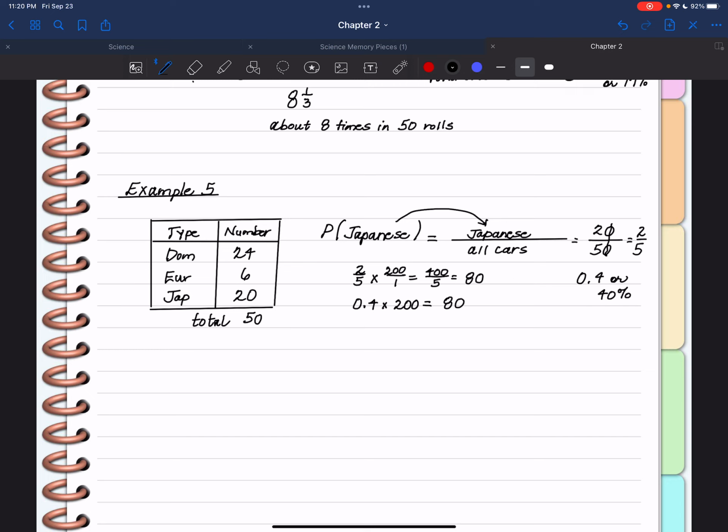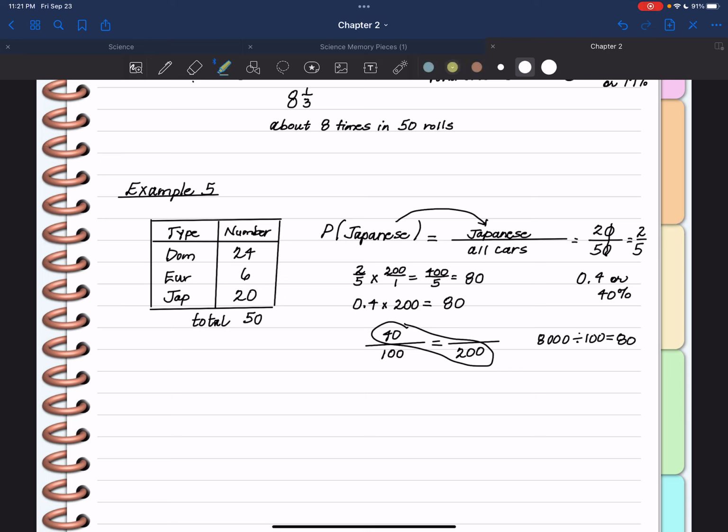Or you could do a percentage if you wanted to, where you have percent over 100, 40 over 100, 200 cars sold. That's going to be 40 times 200 is 8,000. Divided by 100 is 80.